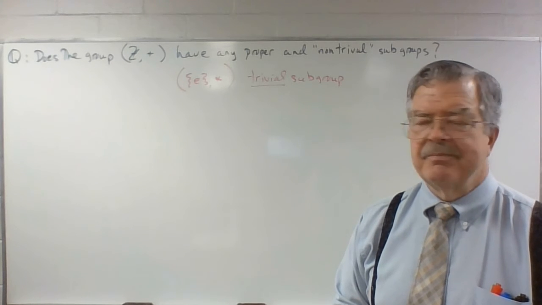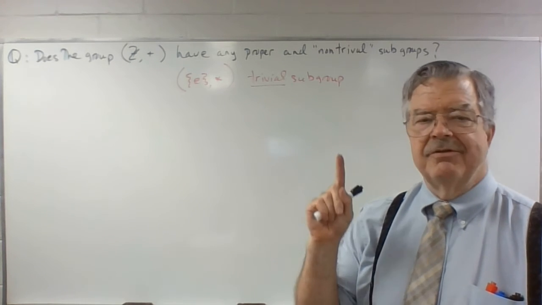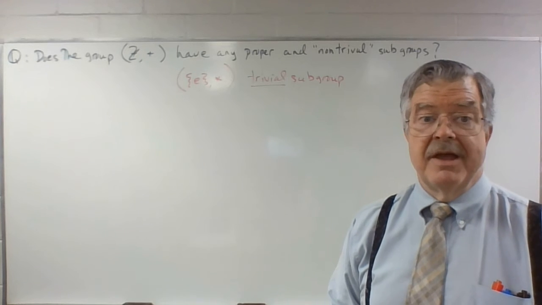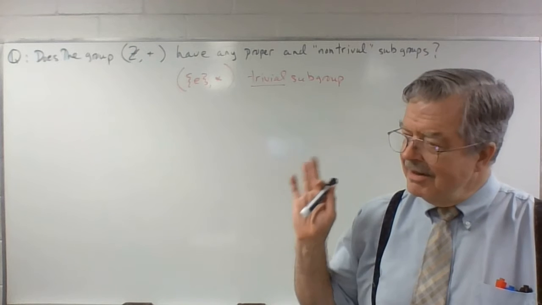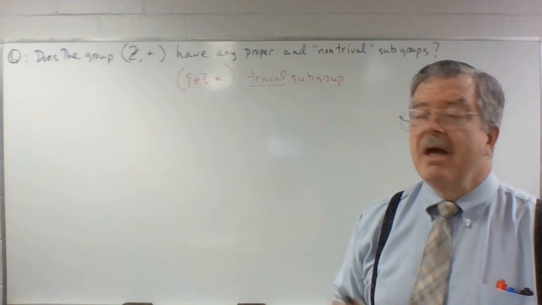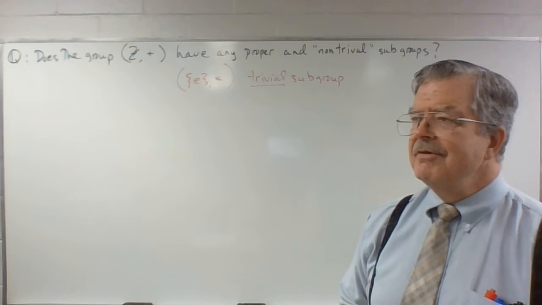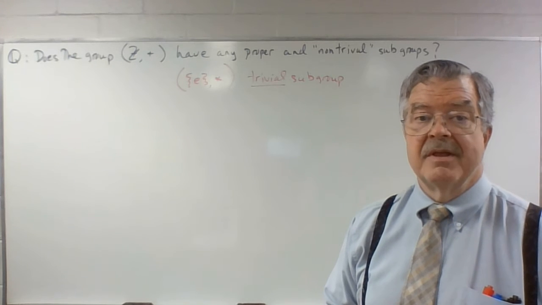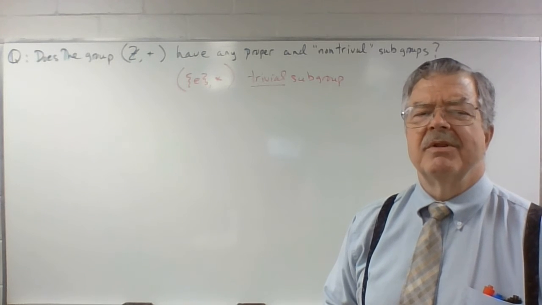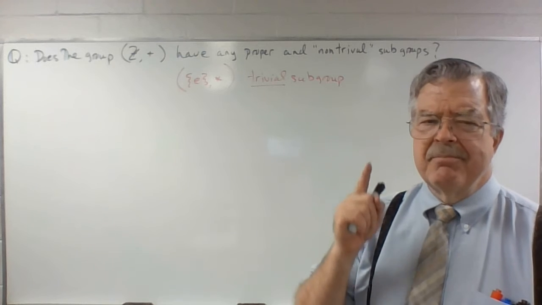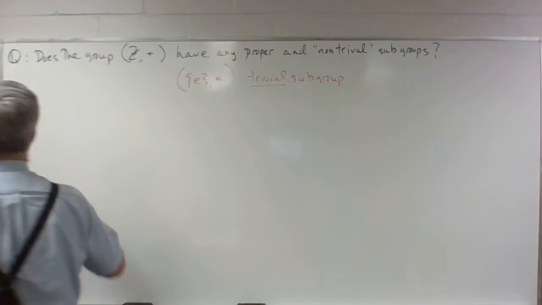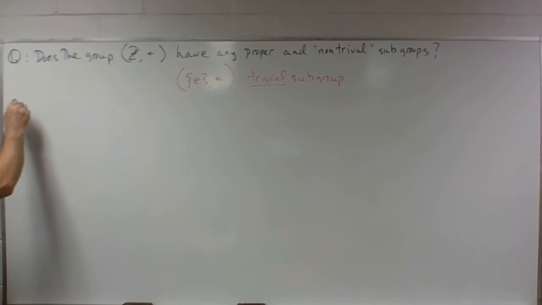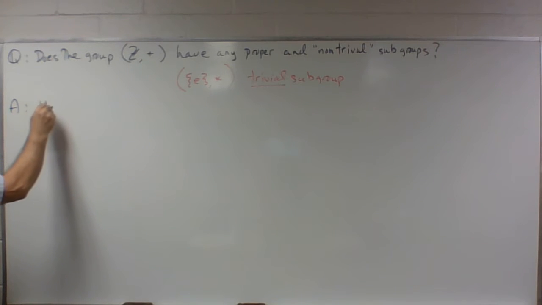It's trivial. The group consisting solely of one element, the identity, is always going to be a subgroup. It's trivial. We're looking for non-trivial and proper subgroups of the integers. And the answer is, yeah, there are some.